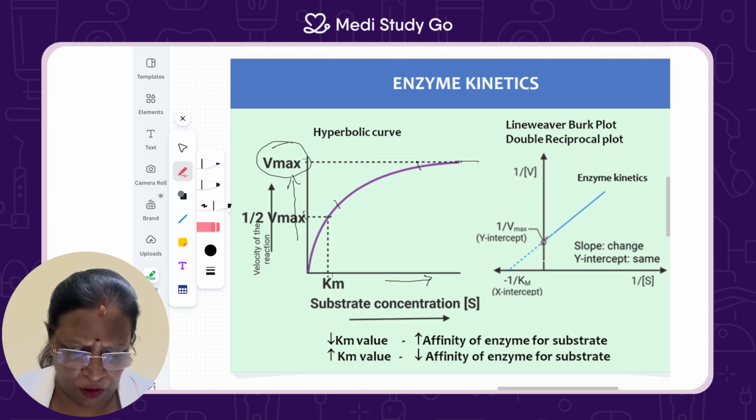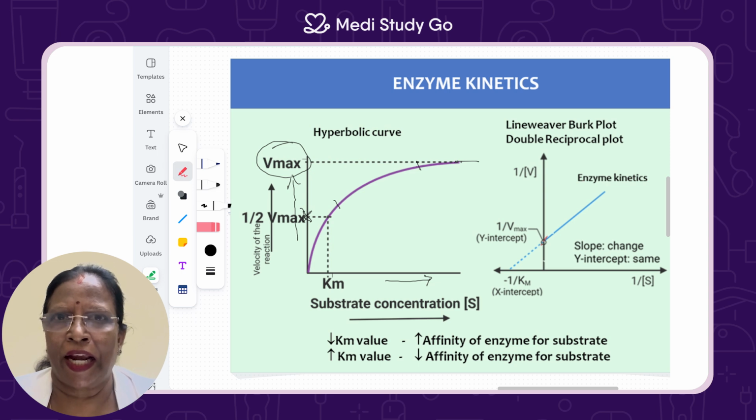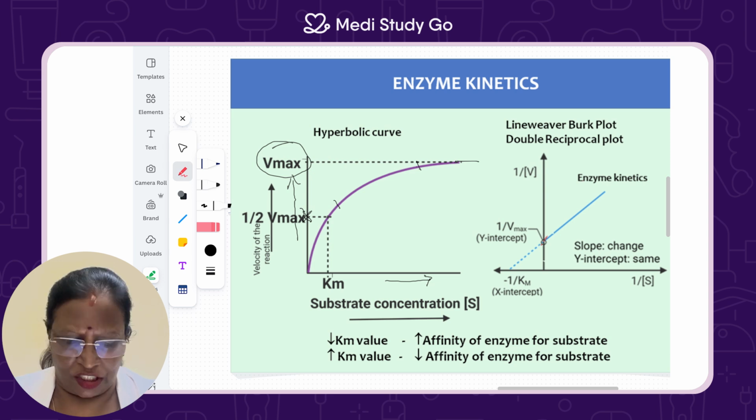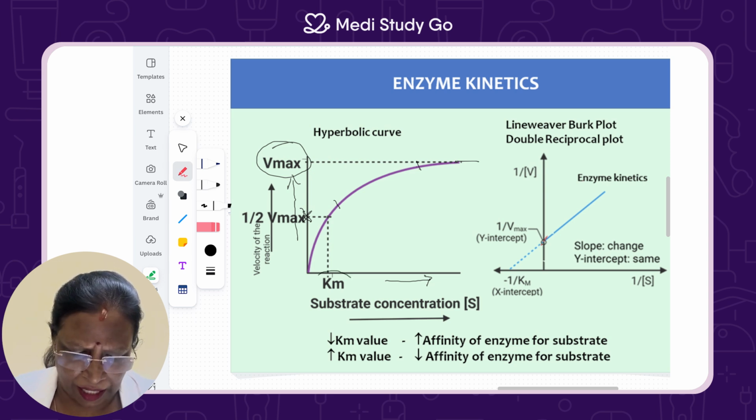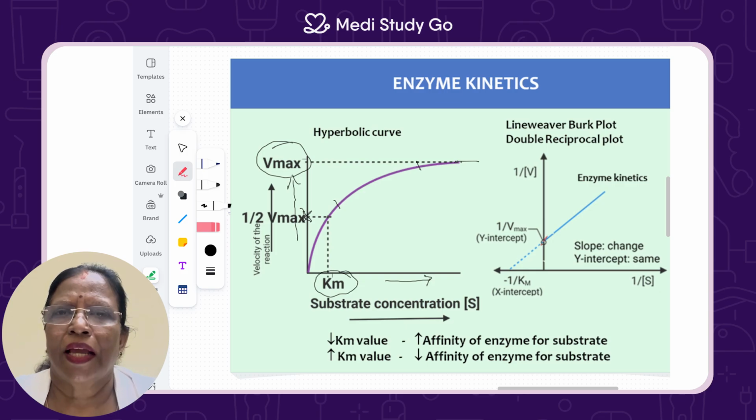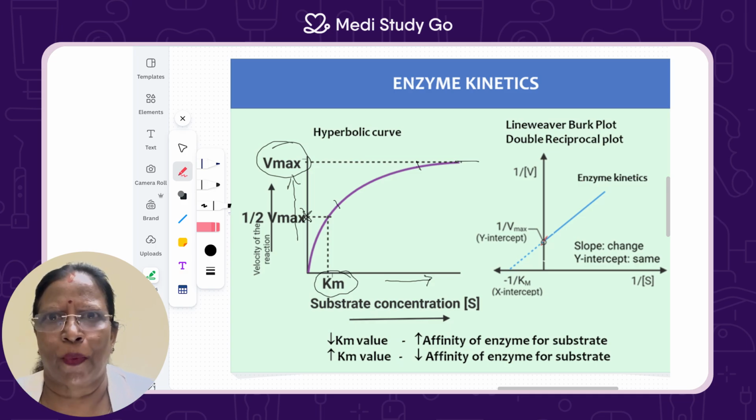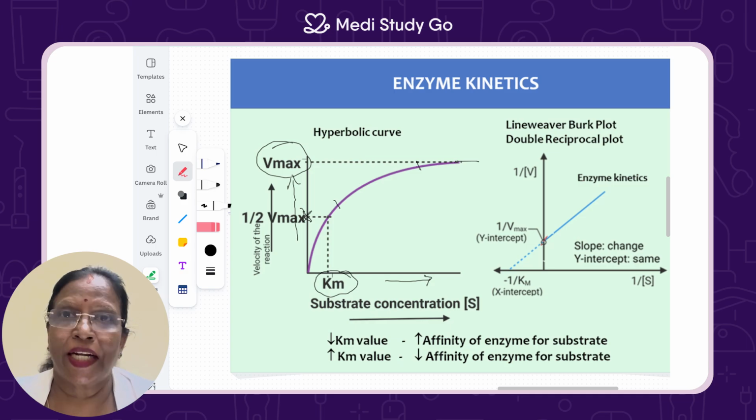Half maximal velocity can be attained at a concentration called the Km value. Km value is otherwise called Michaelis constant. Km value is very important because it indicates the affinity of the enzyme for the substrate. If Km value is decreased, the affinity for the enzyme is increased.